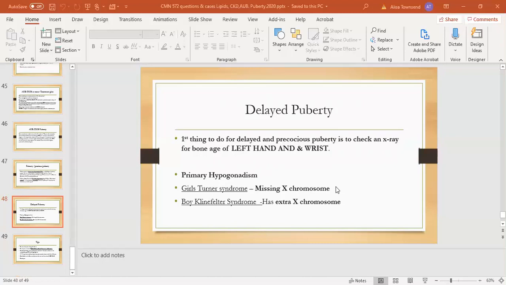I did want to put one thing: the first thing to do for both delayed and precocious puberty is to check an x-ray of the bone age of the left hand and wrist. I think there was a question in the forum, somebody had asked why the left hand and wrist?